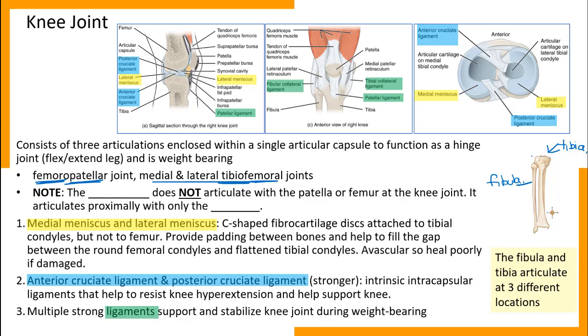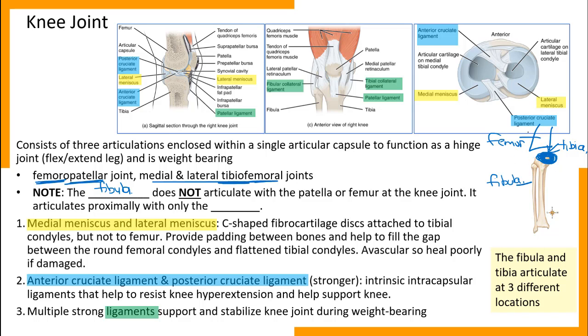And what you can see over here is that the fibula does not articulate with either the femur or the patella, because the patella is over here, and then the femur starts over here. So the fibula does not articulate with either the knee bone or the upper leg bone.